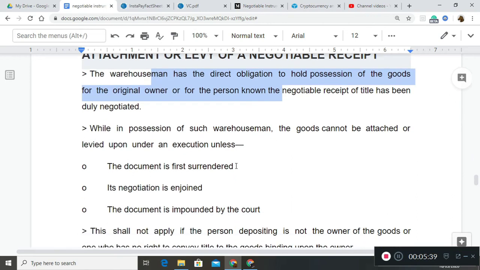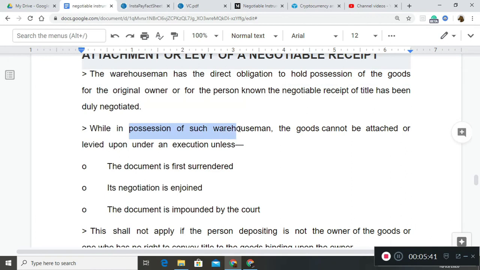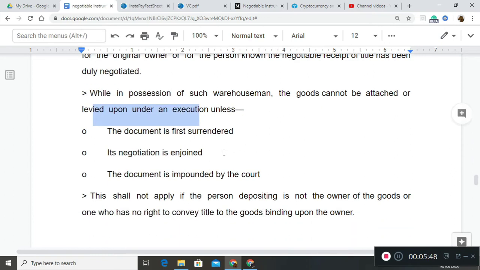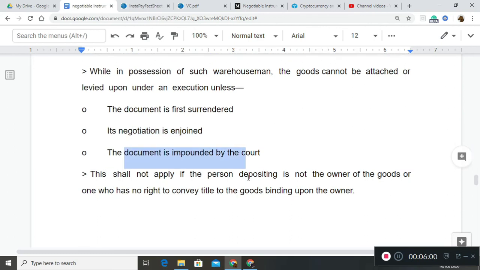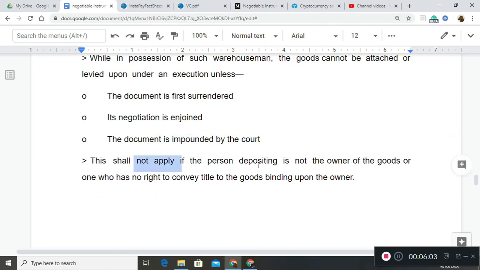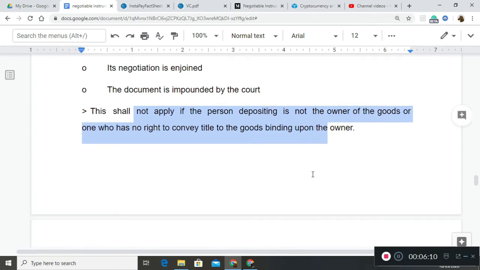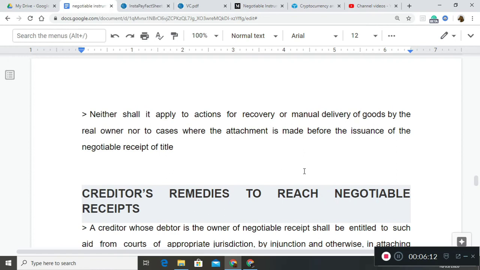While the goods are in the possession of such warehouseman, they cannot be attached or levied upon under an execution unless, so these are our exceptions, the document is first surrendered, negotiation is enjoined, or the document is impounded by the court. This shall not apply if the person depositing is not the owner of the goods or has no right to convey title to the goods binding upon the owner.